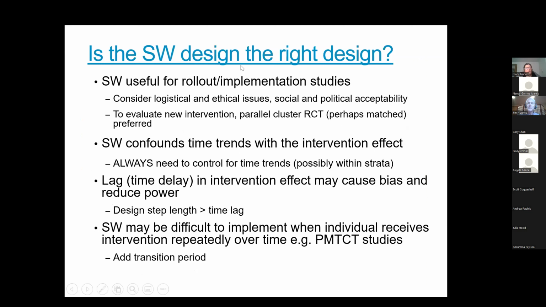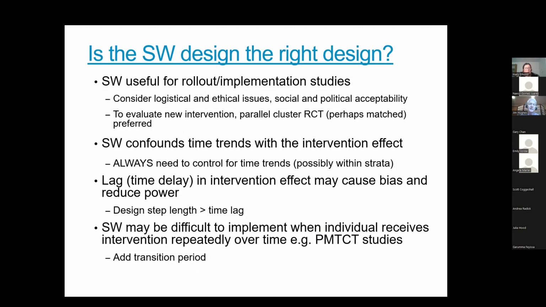Okay, so is stepped wedge the right design? It's useful for implementation studies. But if I was evaluating a new intervention, I would really prefer to do a parallel or matched parallel randomized trial. Basically, stepped wedge is not as good a design as a classic parallel or matched parallel design.